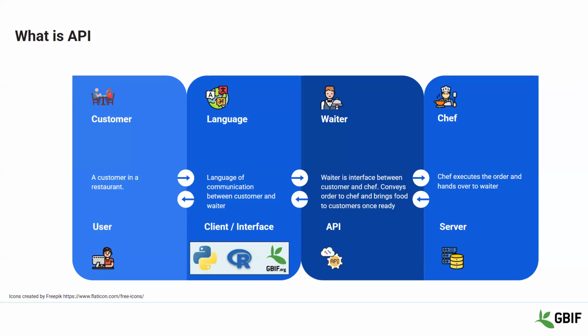And then depending on what we want to do, the gbif.org website or our R interface will slightly rearrange that and present the data to us in different formats. So this is how the APIs actually work.